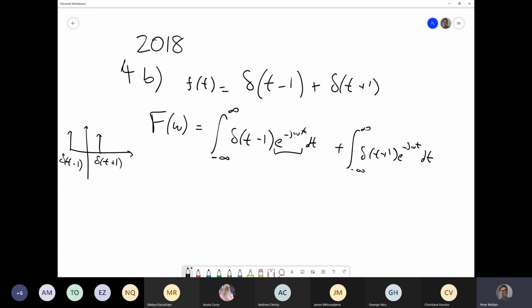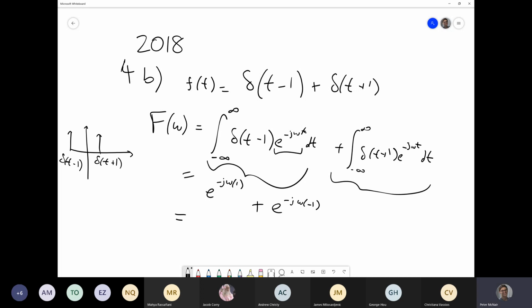It's some complex number. But what we can say is this is going to essentially plug in 1 into this function. So this one here just becomes e to the minus j omega 1. And this one here becomes e to the minus j omega minus 1.